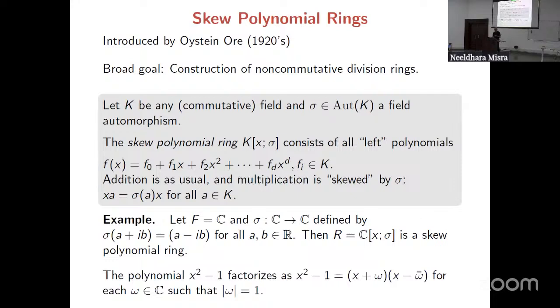Immediately funny things start happening. You take the polynomial x square minus 1, it factorizes not just as (x plus 1) times (x minus 1), but in uncountably many ways. For every omega, every point on the unit circle, every omega of absolute value 1, it's x minus omega, evaluating the polynomial at a field element.